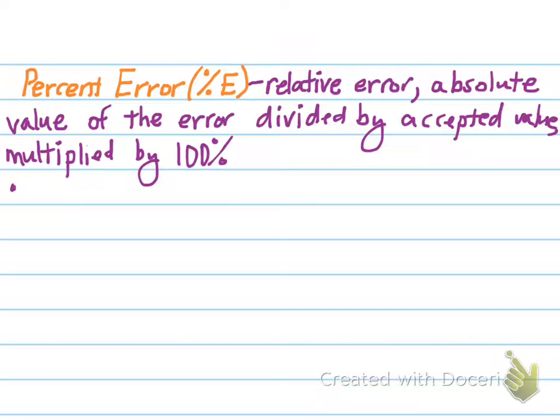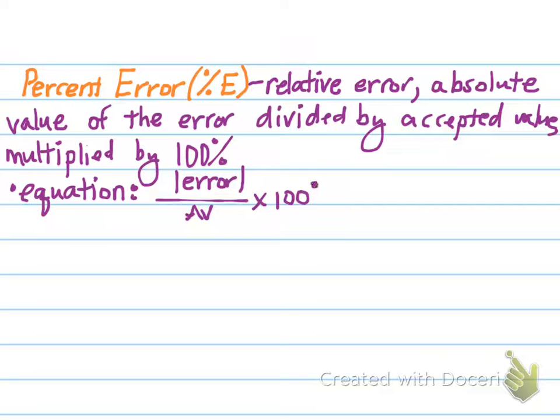So again, we have an equation for this. It is the absolute value of the error divided by the accepted value times 100%. Now, this isn't typically the equation most people remember.